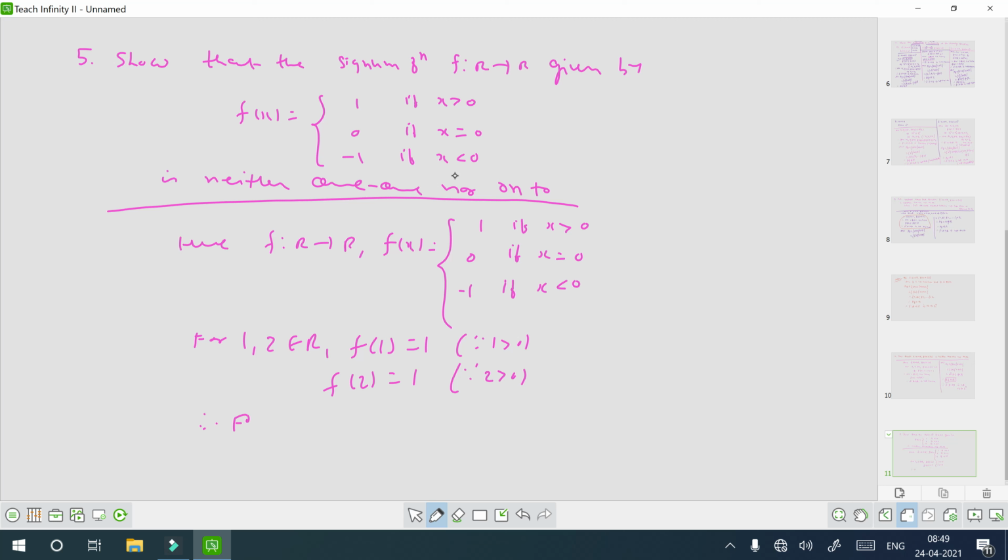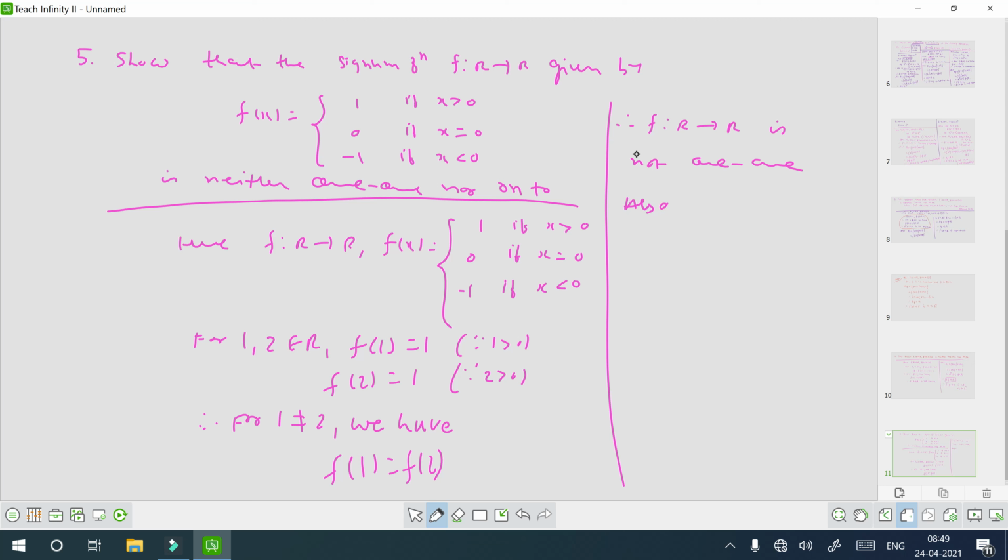So for 1 not equal to 2, we have f of 1 equal to f of 2, and therefore f from R to R is not 1-1. Clear?